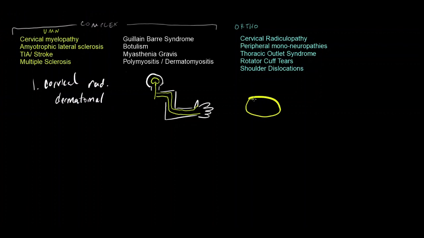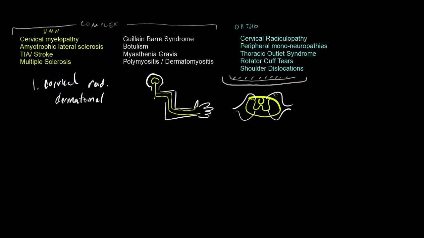Here is our spinal cord we're going to draw again with our exiting nerve roots here. And what is in front of this spinal cord is going to be a bone, like a vertebral body, or a disc with this nucleus pulposus and the annulus fibrosus.